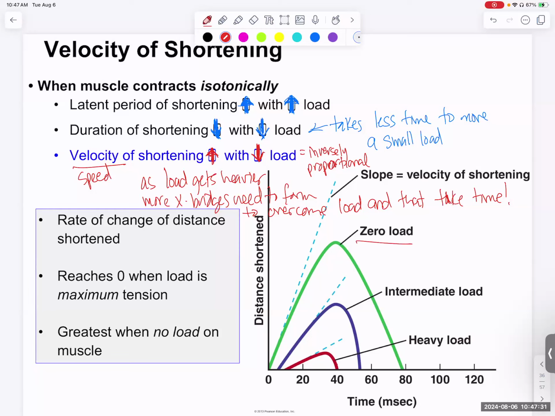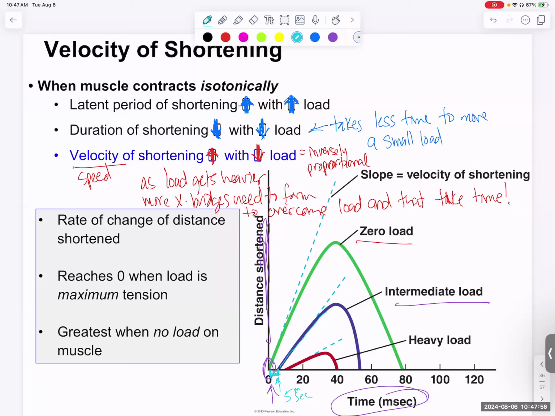So with zero load here, you can start moving it right away. So here's time. At time zero, if there's no load, you can shorten. If it's a little bit more load, there's a little amount of time, right? So say like 5 milliseconds, to start moving.